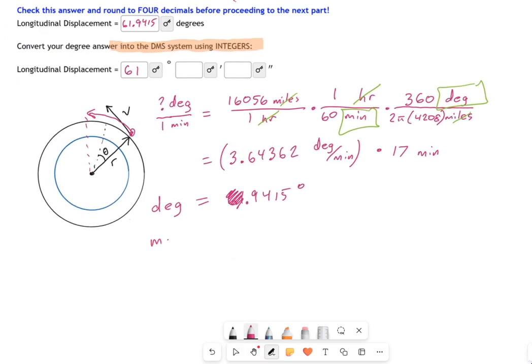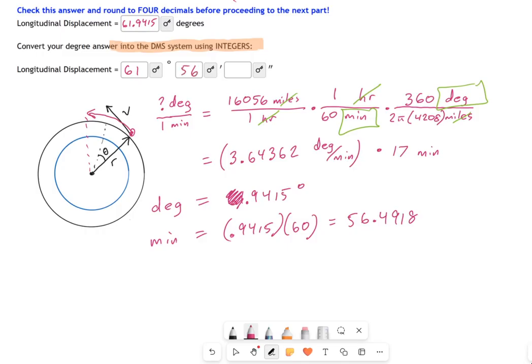And what you have to do is this. You say, I'm going to take my minutes, and that's equal to 0.9415, the leftover bit of degrees, the decimal part, times 60. Okay, so let's see what we get there. 0.9415 times 60 equals 56.4918 minutes.